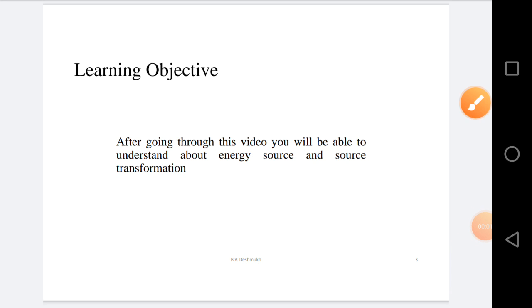After going through this video, you will be able to understand energy source and source transformation, and have a deep understanding of ideal voltage source, ideal current source, practical voltage source and practical current source. You will better understand the difference between ideal voltage source and practical voltage source, and similarly, the difference between ideal current source and practical current source.